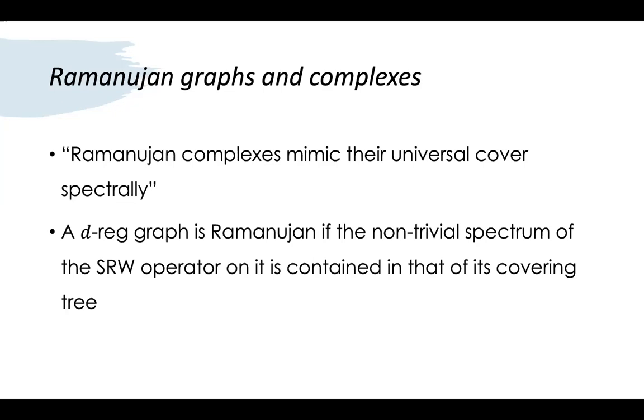In the graph case, it reduces to the following condition. I said that a d-regular graph is Ramanujan if the non-trivial spectrum of the simple random walk, the only operator that I care about, is contained in the spectrum of the tree. You can check what is the spectrum of this operator on the finite graph, and on the d-regular tree.